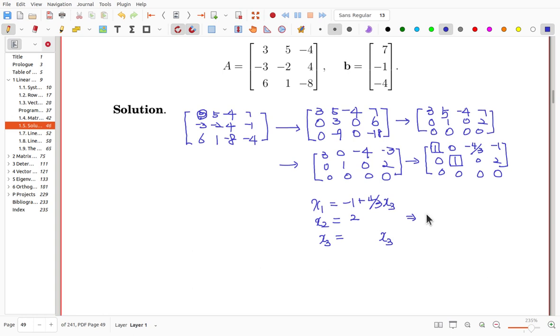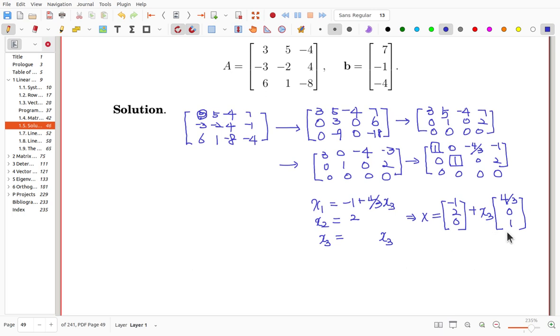From this, the solution (x1, x2, x3) is the same as a constant vector (minus 1, 2, 0) plus x3, a free variable, times the direction vector (4 over 3, 0, 1). So that is the general solution: a constant plus x3, which can be chosen as an arbitrary number, times this vector.